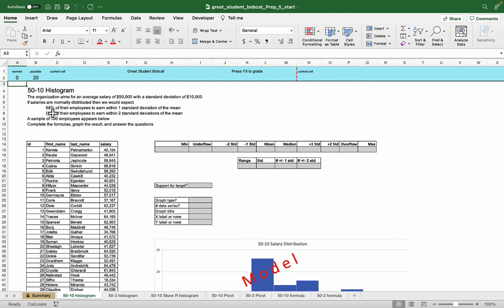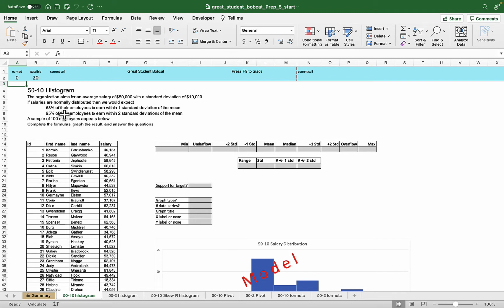Because that is a property of a normal distribution, that the majority of values, 68%, are within one standard deviation either side of the mean. So if you add 10,000, that would mean 60,000 on the right-hand side, and on the left-hand side, subtract 10,000, 40. So 40,000 to 60,000 should be 68% of the salaries.